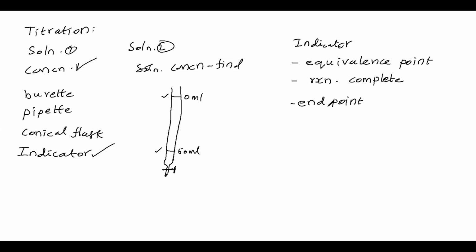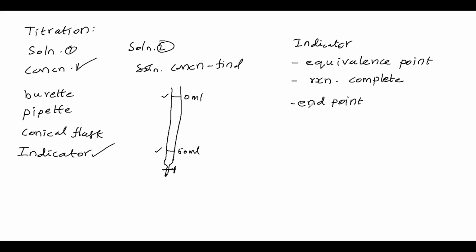Endpoint means it is nearly equal to the equivalence point. That means the endpoint is sometimes exactly equal to the equivalence point, sometimes less than, sometimes greater than the equivalence point.